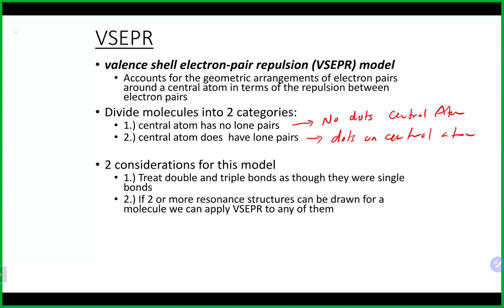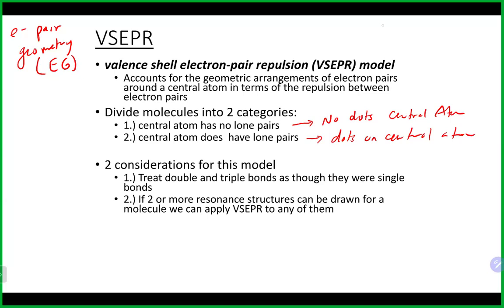One is known as the electron pair geometry, and I'm going to refer to that as EG, so I don't have to write it out every time. EG describes the three-dimensional arrangement of the electrons around the central atom.